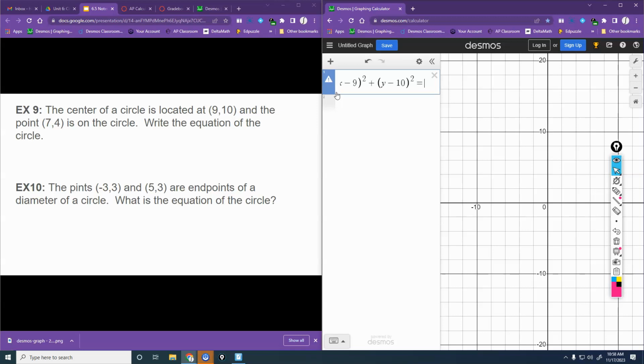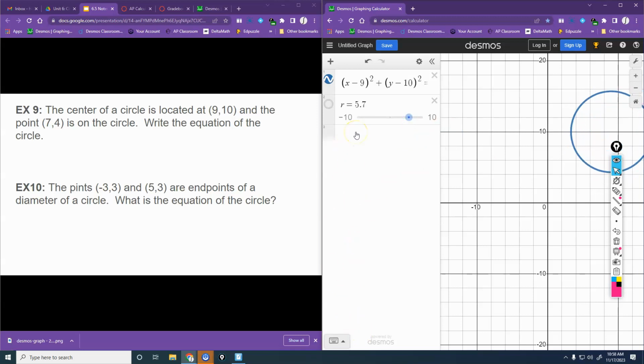No. I don't know what the radius should be. If I put r² here, it'll have this option to put a slider, and it will give me a circle, and I can just make it bigger or smaller, right?